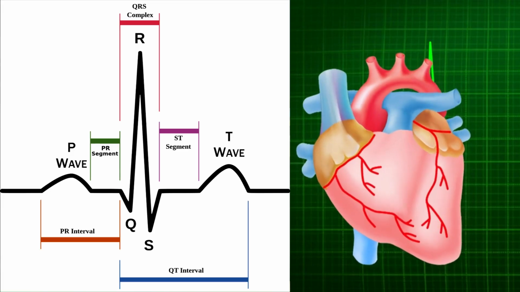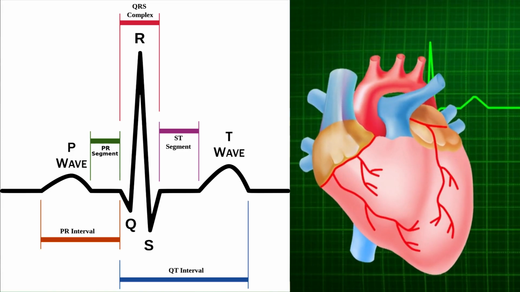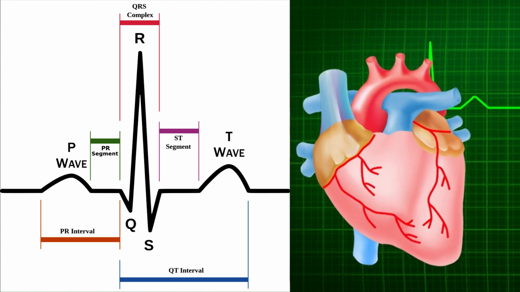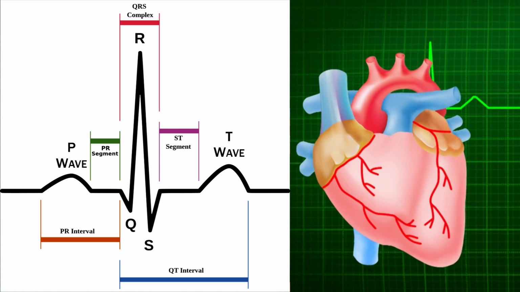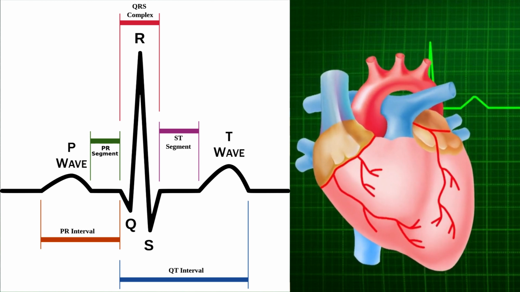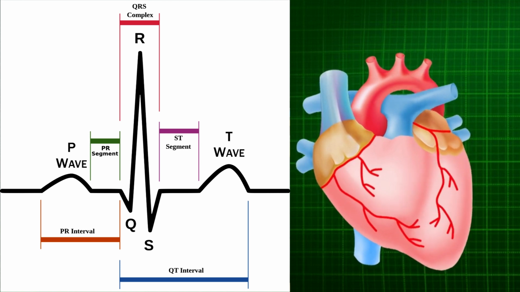Now that we know about waves, I would like to talk about specifically what each wave means. So first of all, let's look at this ECG, and we have standard waves. The small wave here, which is called the P wave, represents depolarization or contraction of the atria. Atria contracting and depolarizing at the same time. So it's a P wave.